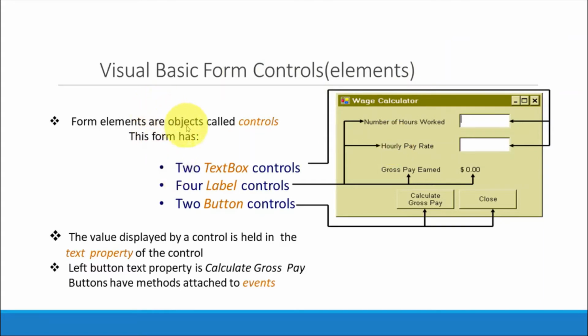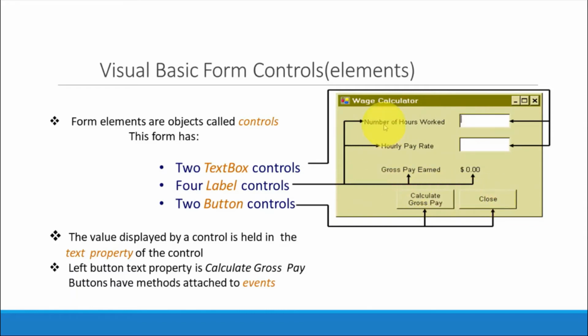They are objects again, also called controls. This is a text box, in which we can enter some values, we can write something. Then these are the label controls, in which we can write text, and these are the buttons.